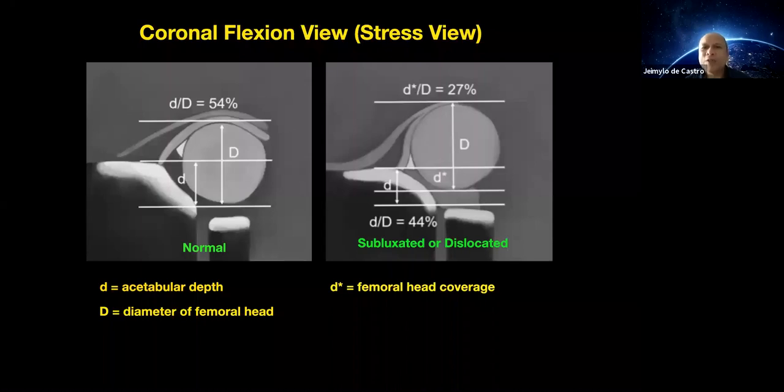In other words, there are times when you are not convinced that the hip is displaced or dysplastic. But as you can see from here, you can do a stress test by flexing the hip, and then measure it again and come up with a diagnosis. So this is really a subluxated or dislocated femoral head.